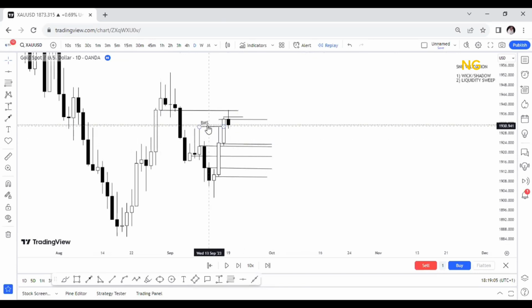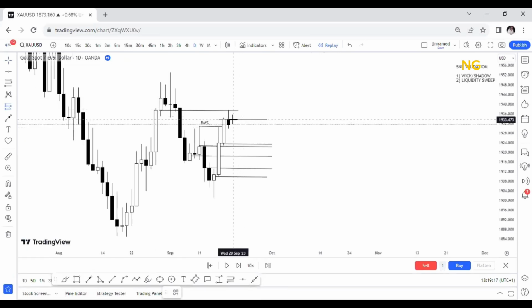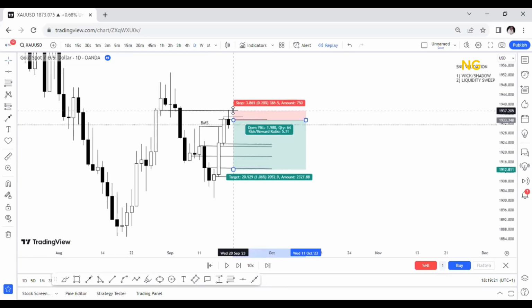It has taken out liquidity here. This place took out liquidity before it tapped into this place. It will draw back. So this gives you much confidence that this market will move down. Your stop loss will be around here, then your entry will be here.